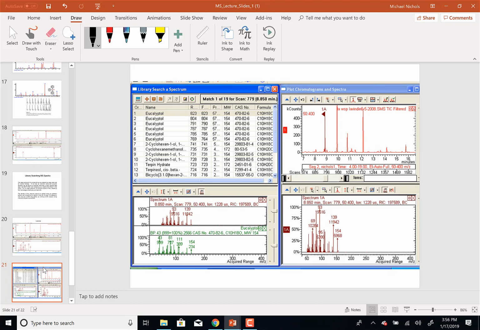Then we went one by one, and once we found out sort of what it was, you can actually click on one of these, and it'll take you to the database, and it'll say this compound was found in this material. When you do that for 20 different compounds, you get an idea of what the sample was. And it turned out it was like varnish or some wood covering.